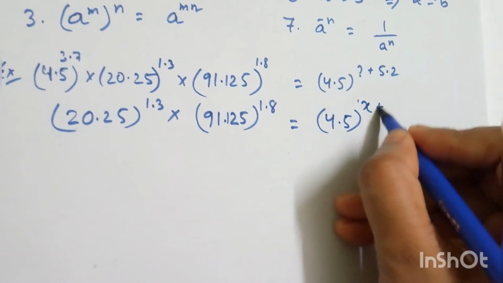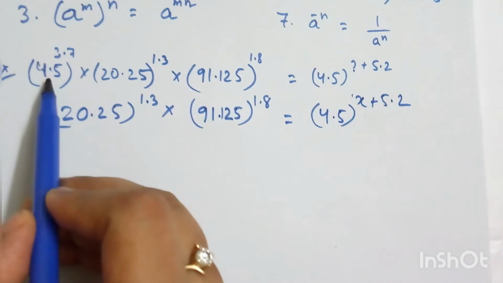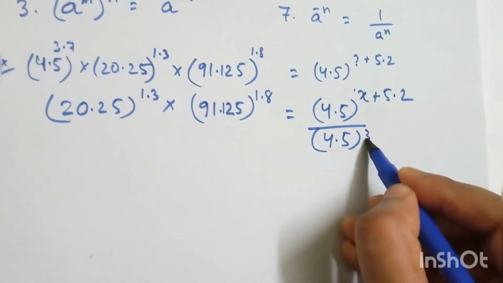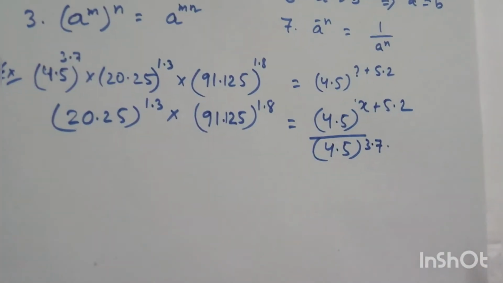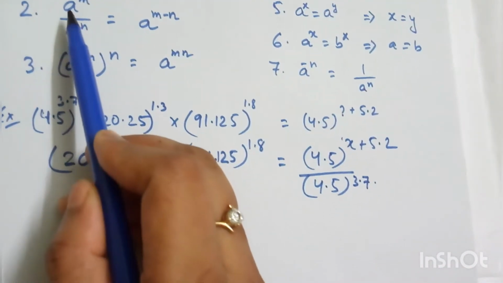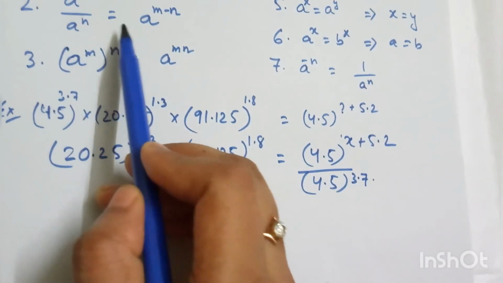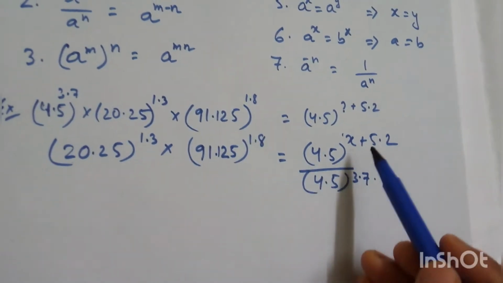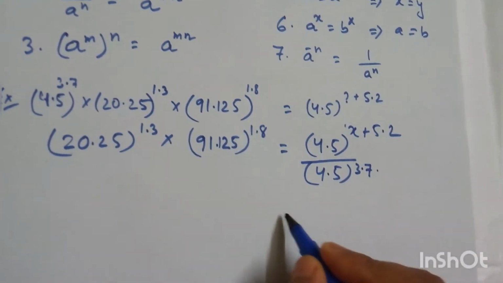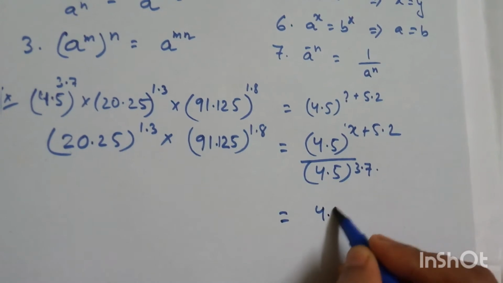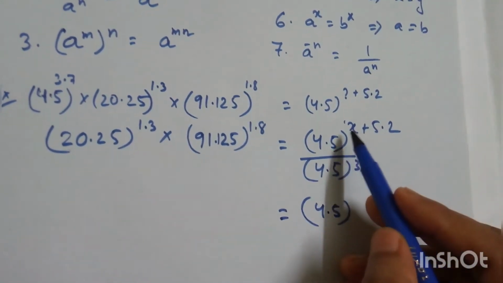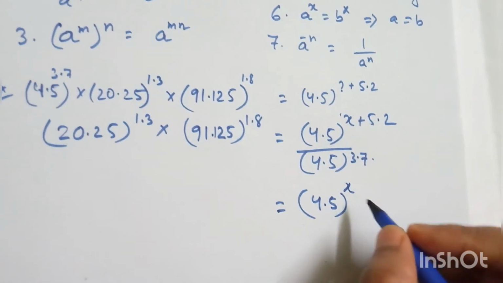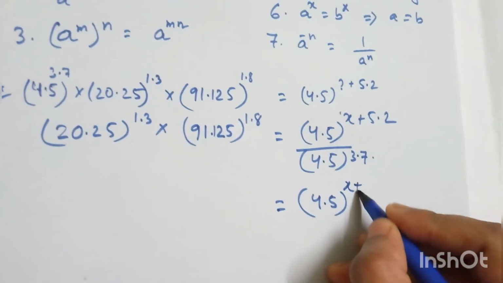So x plus 5.2, and this will be divided by 3.7. We know when a to the power m by a to the power n, it will be a to the power m minus n. So the base is the same, so the power will be x plus 5.2 minus 3.7. We get 1.5.